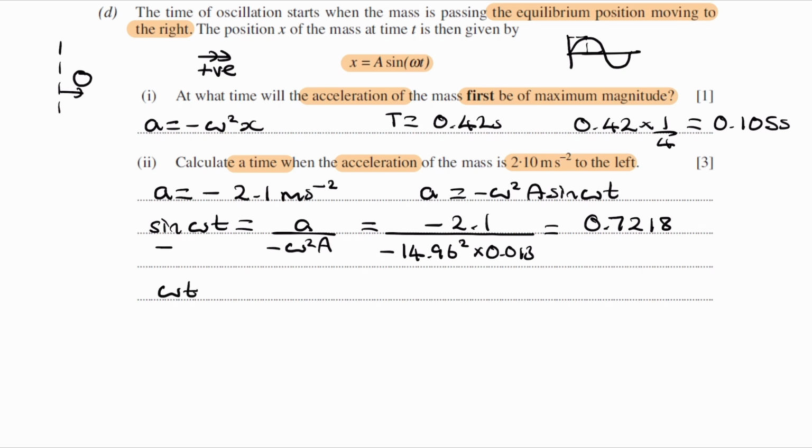So remember that sin ωt is equal to 0.7218. Inverse sine of 0.7218 gives us 0.8064, and that would be what ωt is equal to. And then we can divide by ω. So divide by 14.96, and we end up with 0.054, which is our final answer.